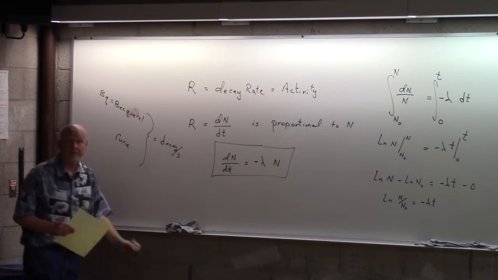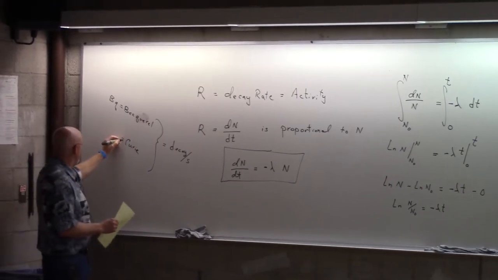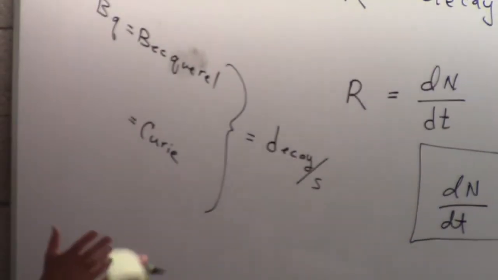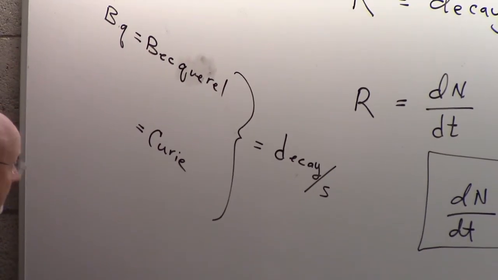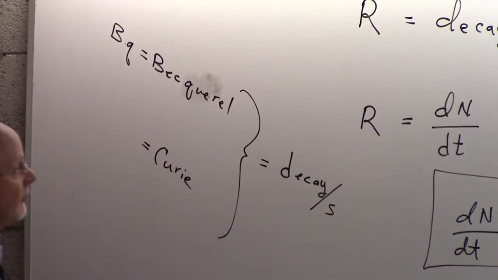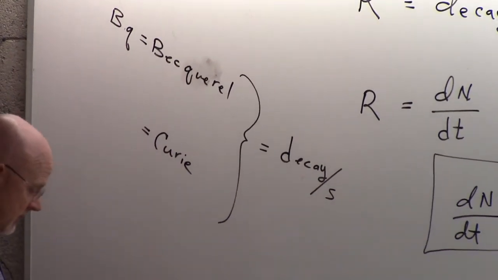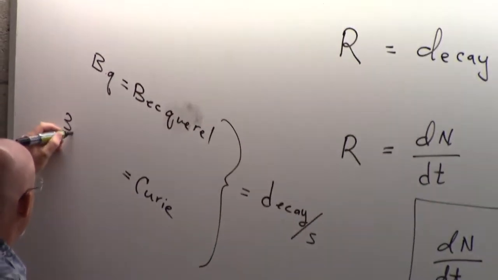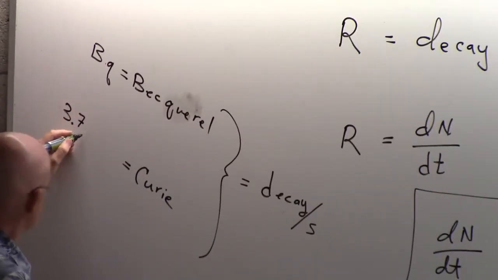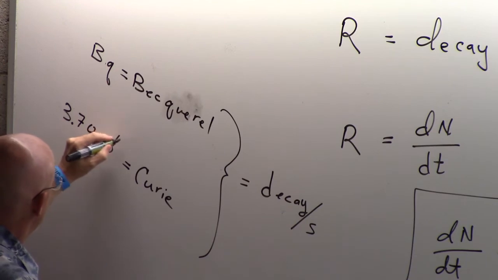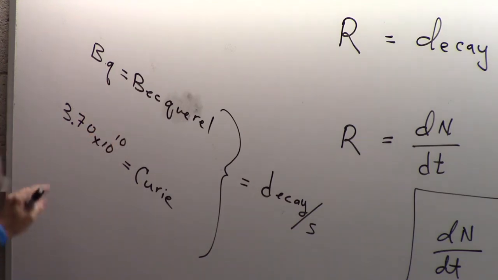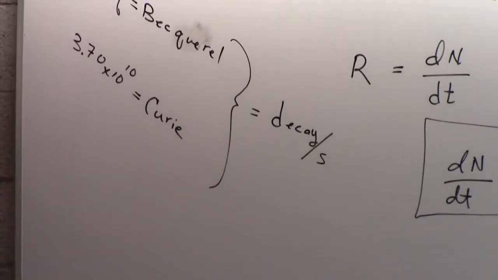More common is a curie, after Madame Curie. We'll have a problem with her and some of her great work that she did and her radiation, and she ended up getting the Nobel Prize for her discovery of all this great radiation stuff. As you'll see, the number of decays, it looks like that's 37 billion. So 37 billion decays in 1 second is a curie. And so I prefer that unit.